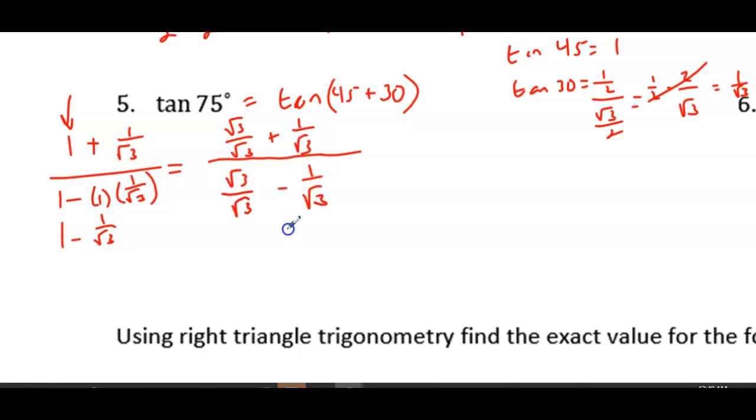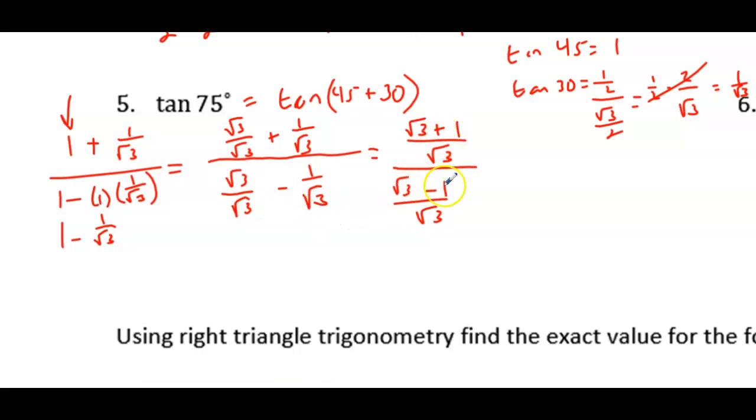Like that, okay? If you missed that, just rewind it. It's a few seconds, just rewind it so you can see it. So now at the top, I have radical 3 plus 1 all over radical 3. Common denominator. At the bottom, I have radical 3 minus 1 all over radical 3. Common denominator. Now, I have a fraction over a fraction. So we do the same thing. Keep, change, flip.